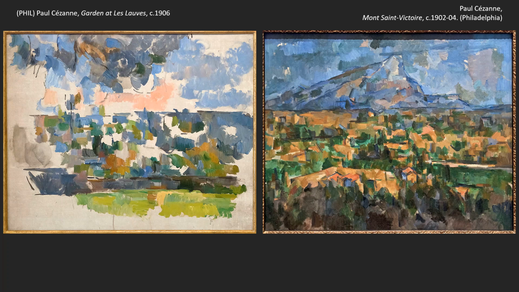We were talking on Tuesday about Cézanne as one of the figures in the late 19th, early 20th century who's instrumental for the development of modern art. And we really talked about him primarily on a formal level. By that I mean it's not about what he paints, but how he paints it, right? How he thinks about painting as an activity, how he thinks about his relationship to this two-dimensional object that he's constructing.